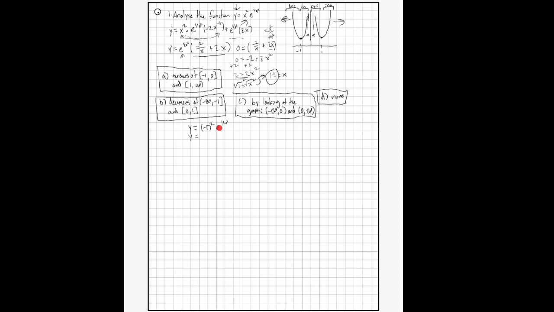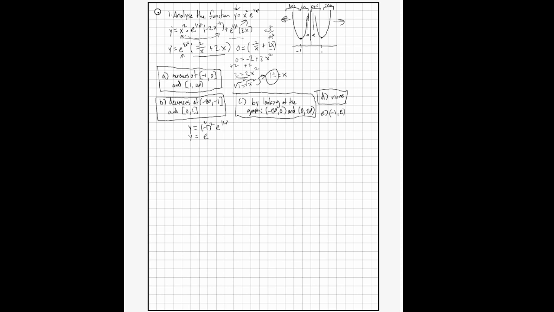So e to the power of 1 over -1 squared. -1 squared, as we saw here, is just 1. So e to the power of 1 over 1 is just e. So for y, we got e. So one of the local extremas is at (-1, e).